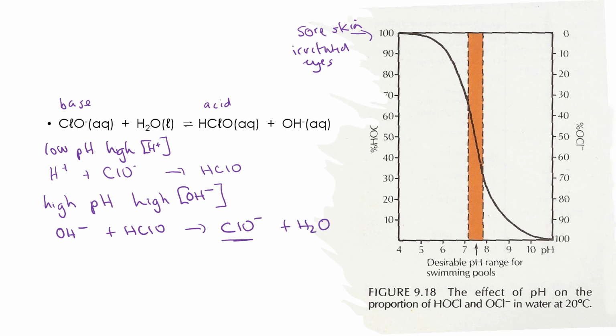This increases the concentration of the hypochlorite ion, which you can see happening in the graph, and unfortunately this is not as good at disinfection. So it's not as good at being able to disinfect your swimming pool. So we need to maintain our pH between usually about 7.2 to 7.8. So slightly basic region.